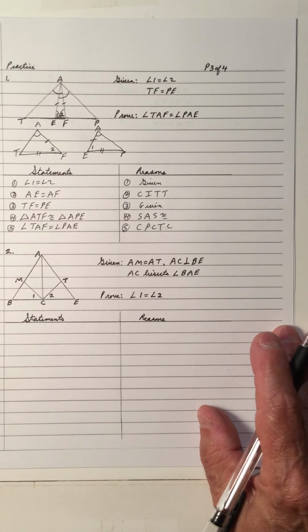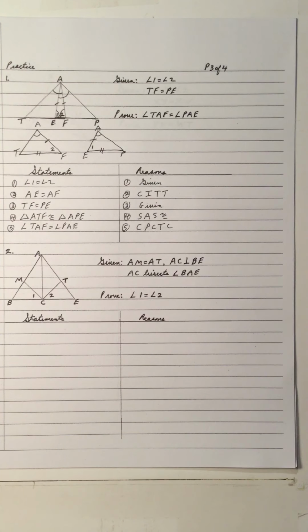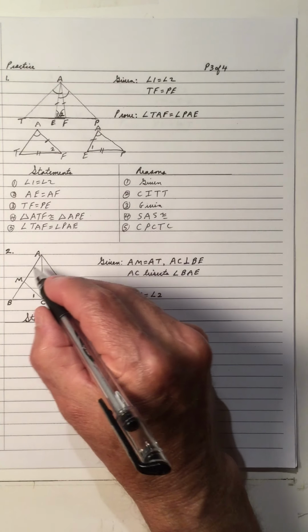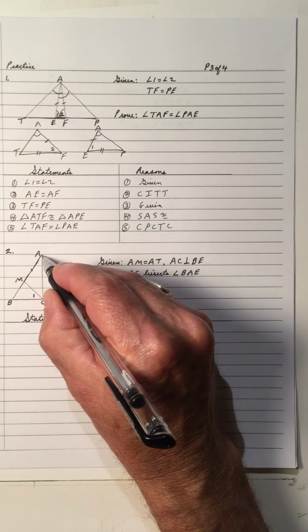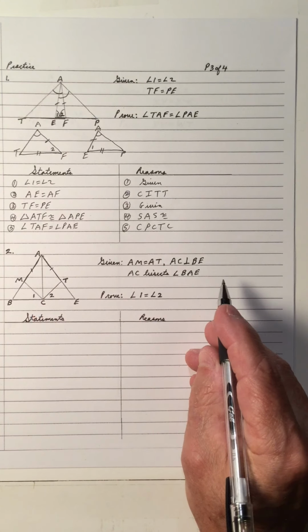Okay, don't forget you can pause the video if you wish. Now we have another proof to do. AM equals AT, so AM is this segment here is equal to AT, which is this one here. That's a given.